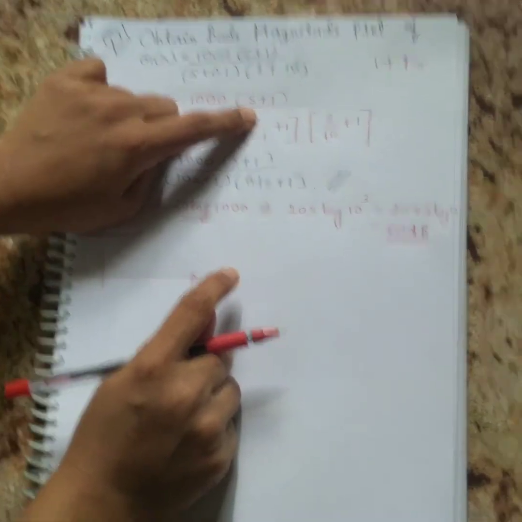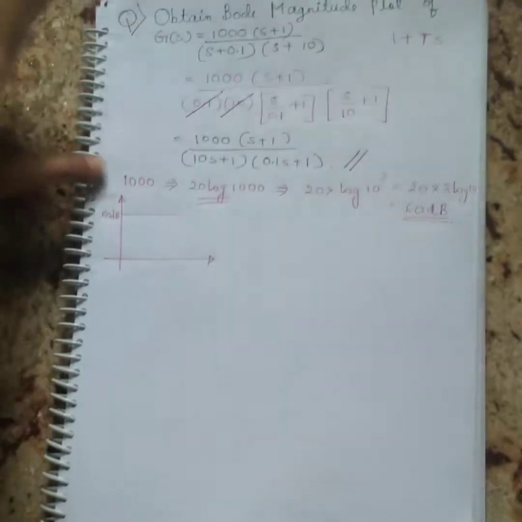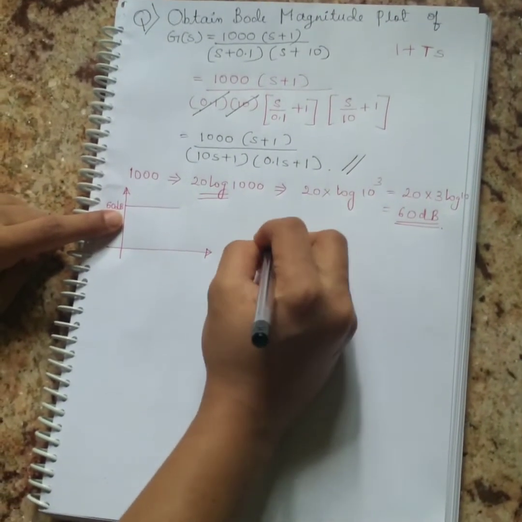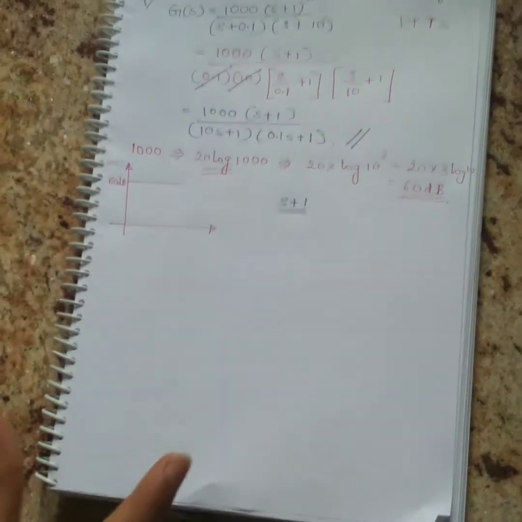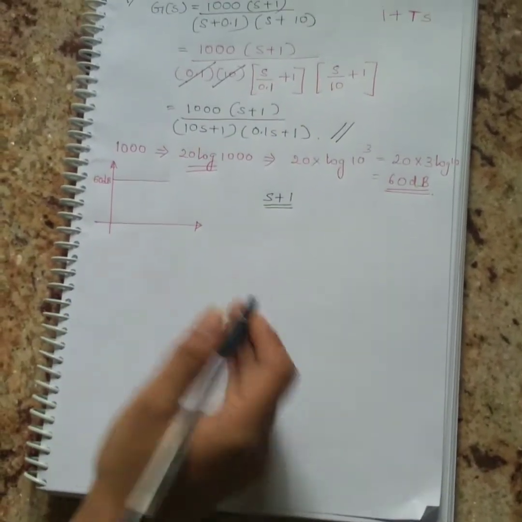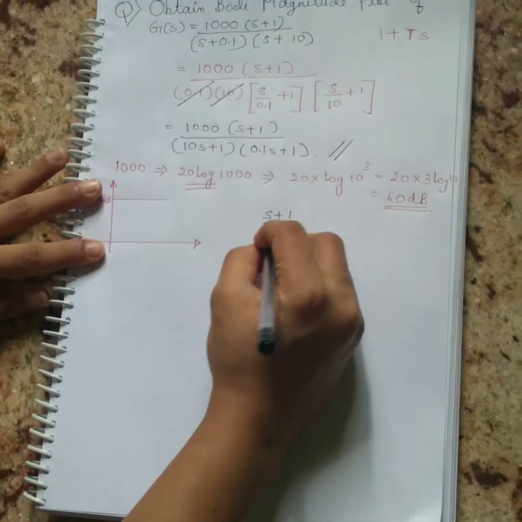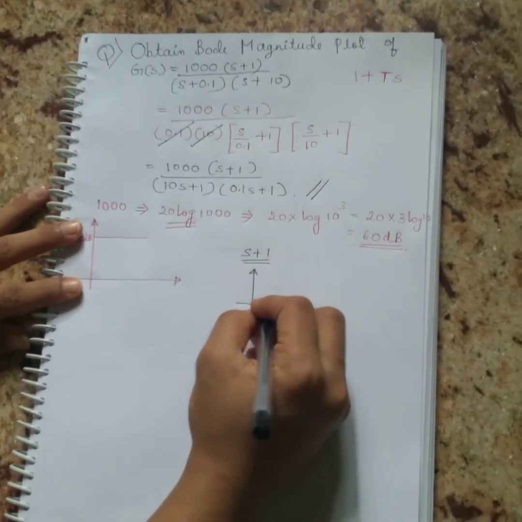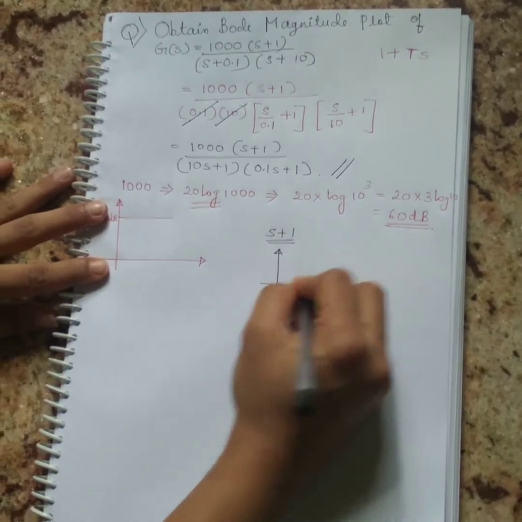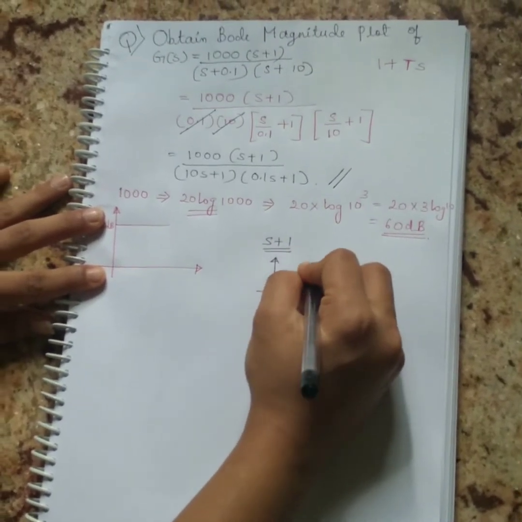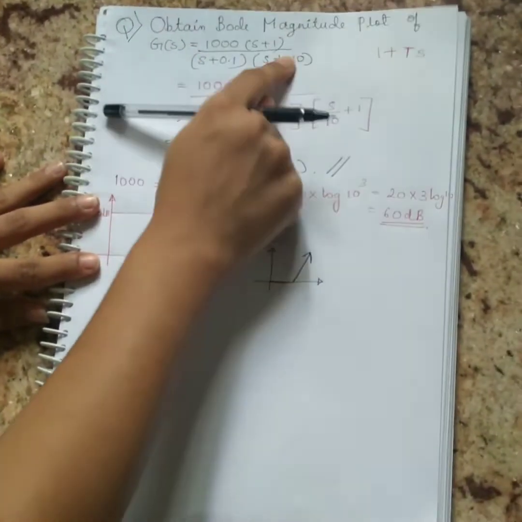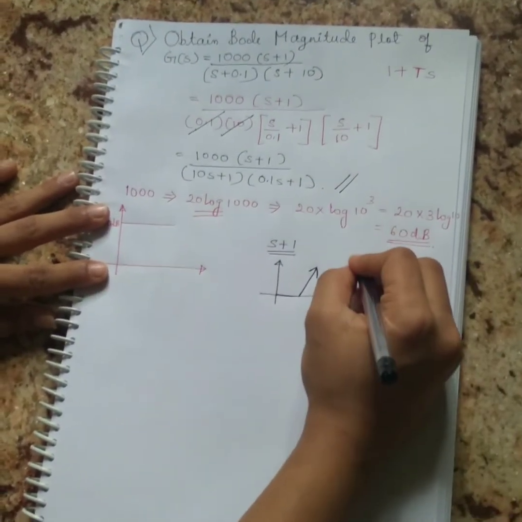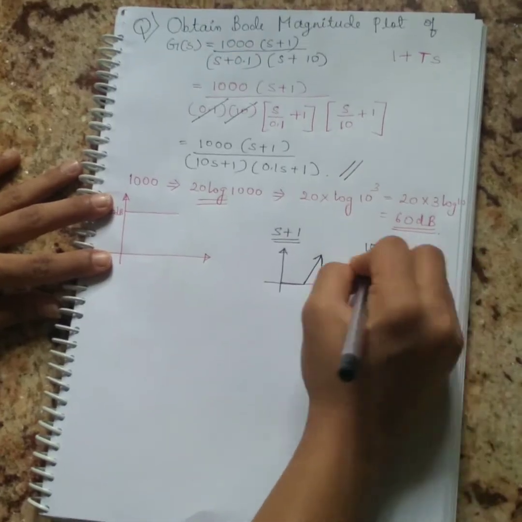Now let's go into the zero part. So the zero is s plus 1. S plus 1 is always a zero part. A zero will always move upward in the Bode plot. So this will be like this. From some point, it will always move upward. And the poles part, taking 10s plus 1.